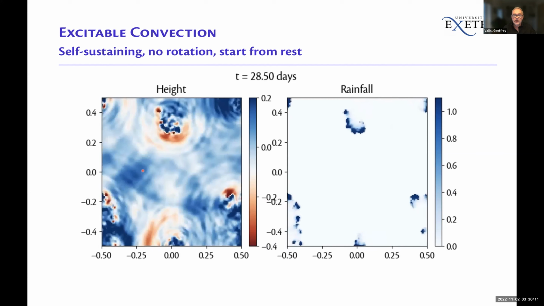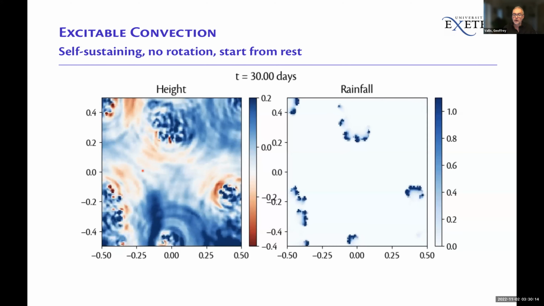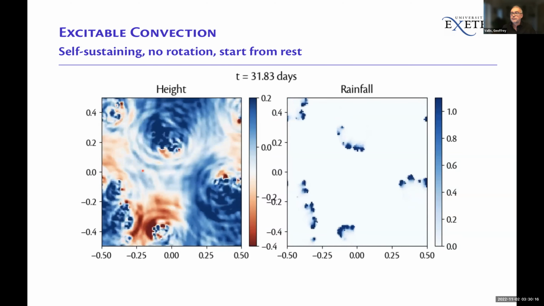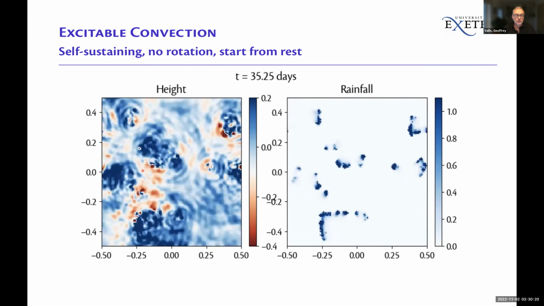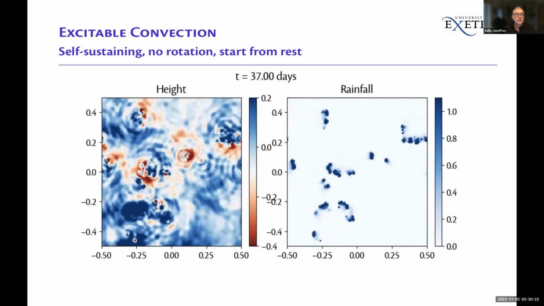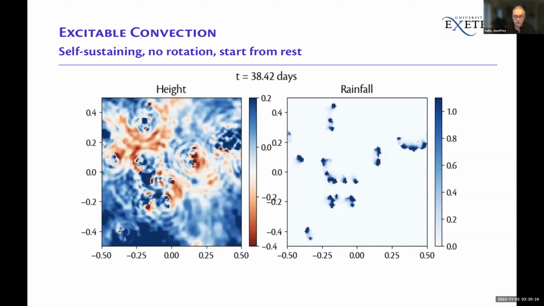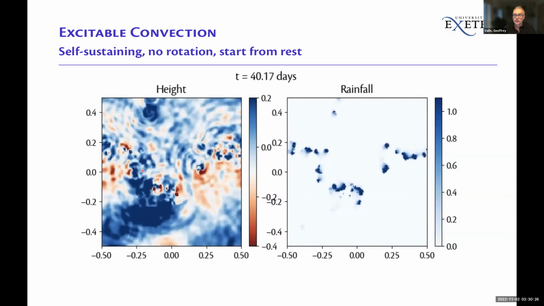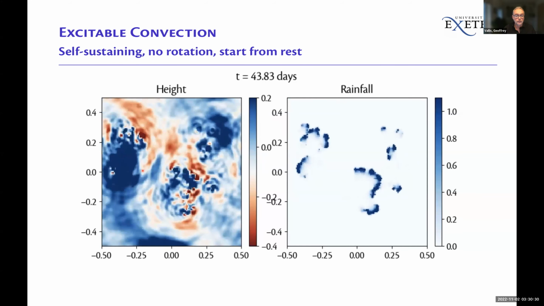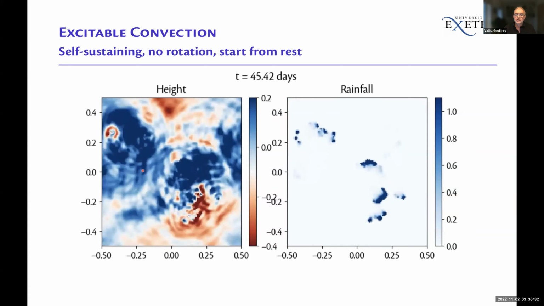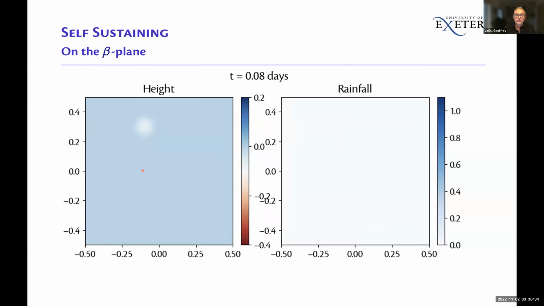But then it never actually dies out. It just keeps on going. It becomes a self-propagating system, and it's an excitable system, some people would call this, with gravity waves and rainfall just keeping on going. But of course, it doesn't look anything like the MJO.